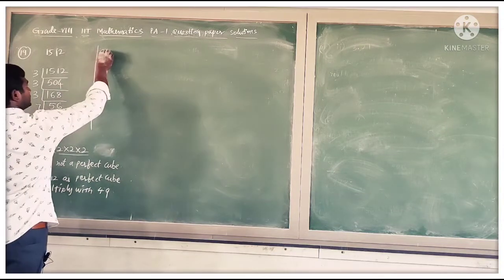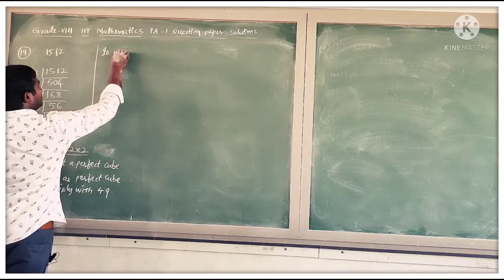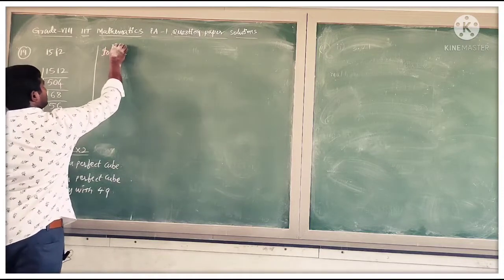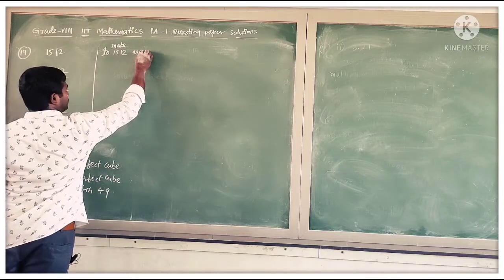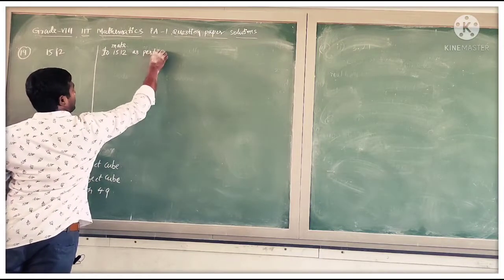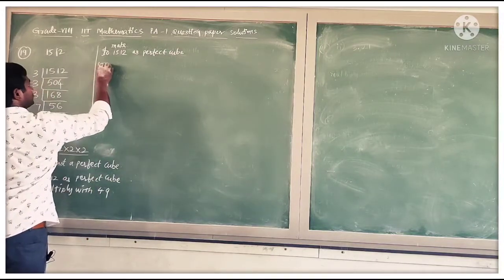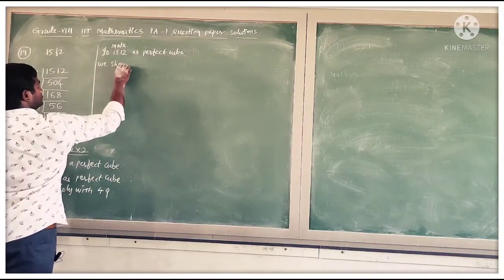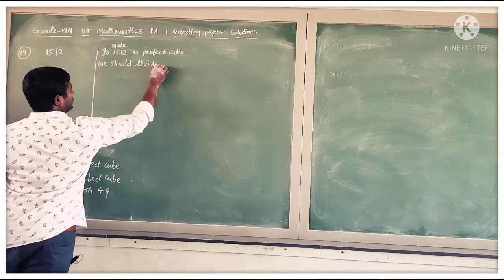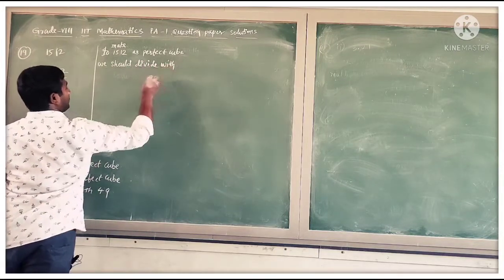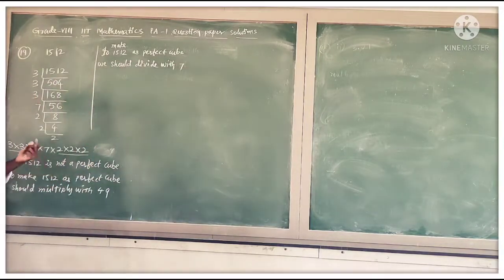So to make 1512 a perfect cube, we should divide with 7.